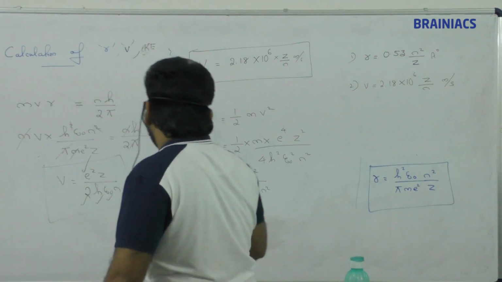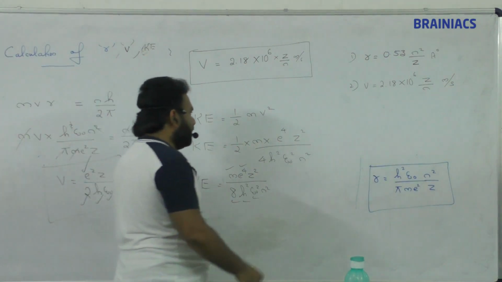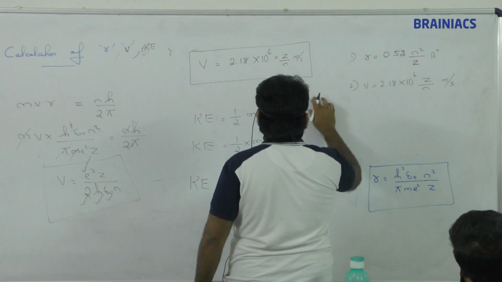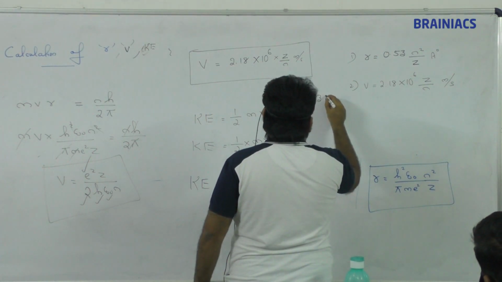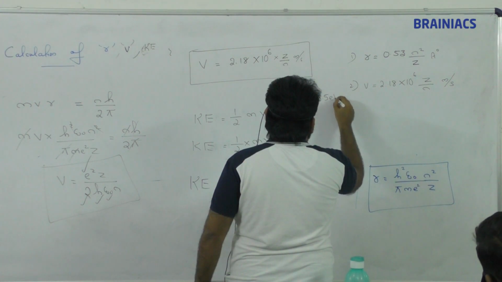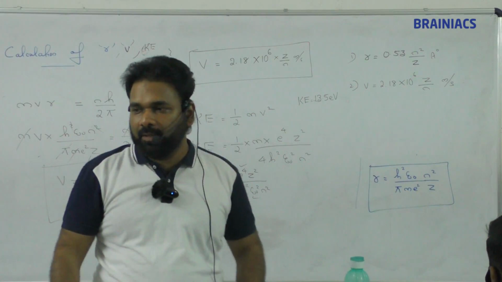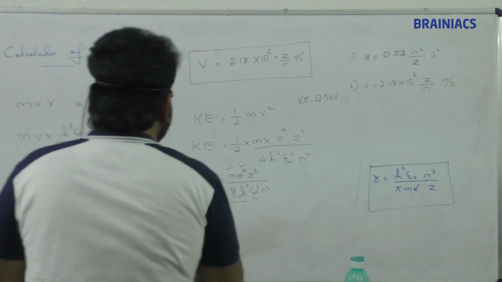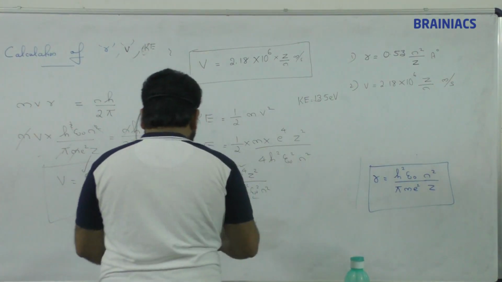So putting the value of all that, finally we will be getting kinetic energy equal to 13.6 electron volt times z square by n square.